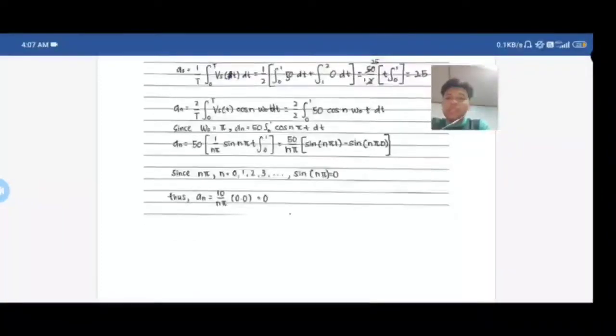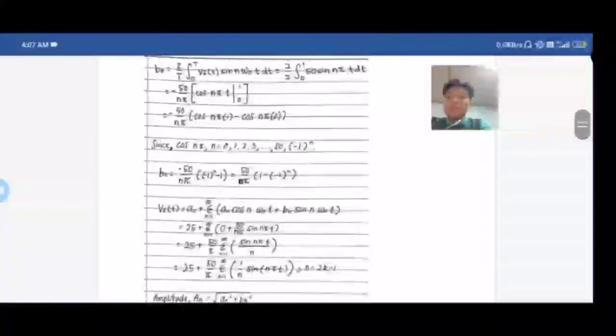Since n is equal to 0, 1, 2, 3, the sine n pi is equal to 0. So thus An is equal to 50 over n pi in bracket 0 multiplied by 0. When it is multiplied by 0, we will get 0.